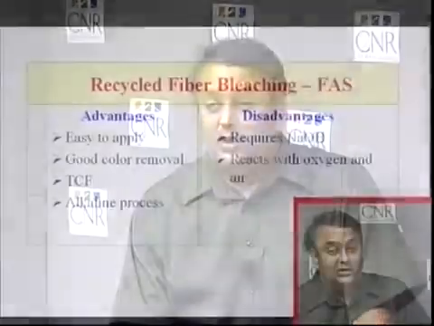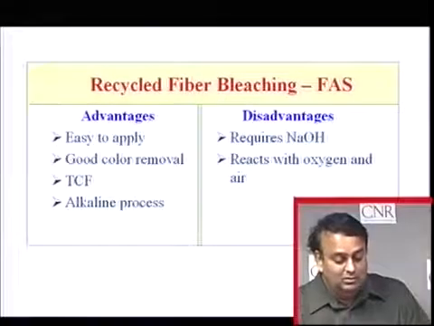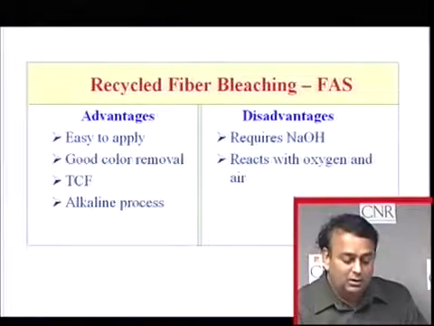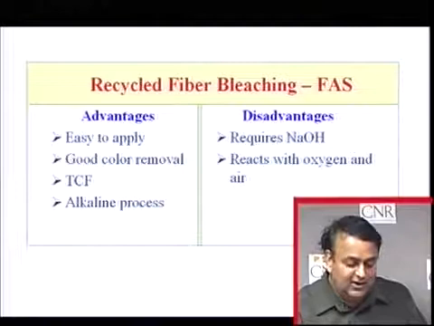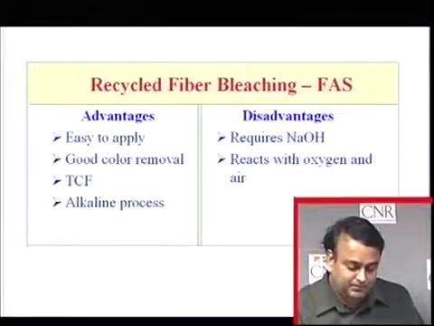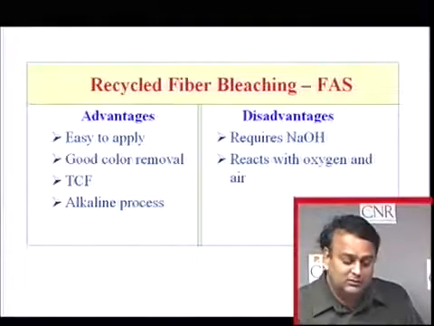So, at 9 you can add your FAS chemical without changing your water loops. So, it is a natural flow of the pH. Disadvantage, it requires another chemical, sodium hydroxide. Again, like any other reductive chemical, with the oxygen and the air, it reacts and you have less FAS available for bleaching. So, you need a flow tower for FAS.